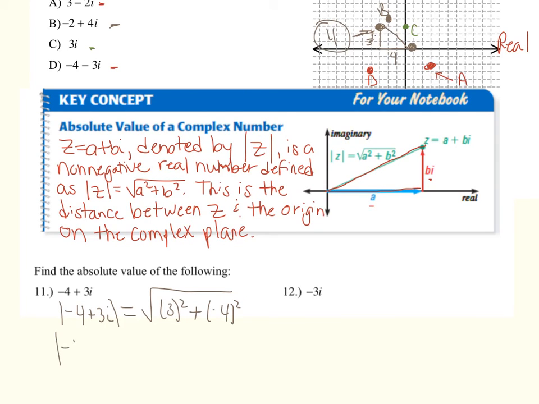So the absolute value of negative 4 plus 3i will equal the square root of 9 plus 16, or the square root of 25, which is 5.